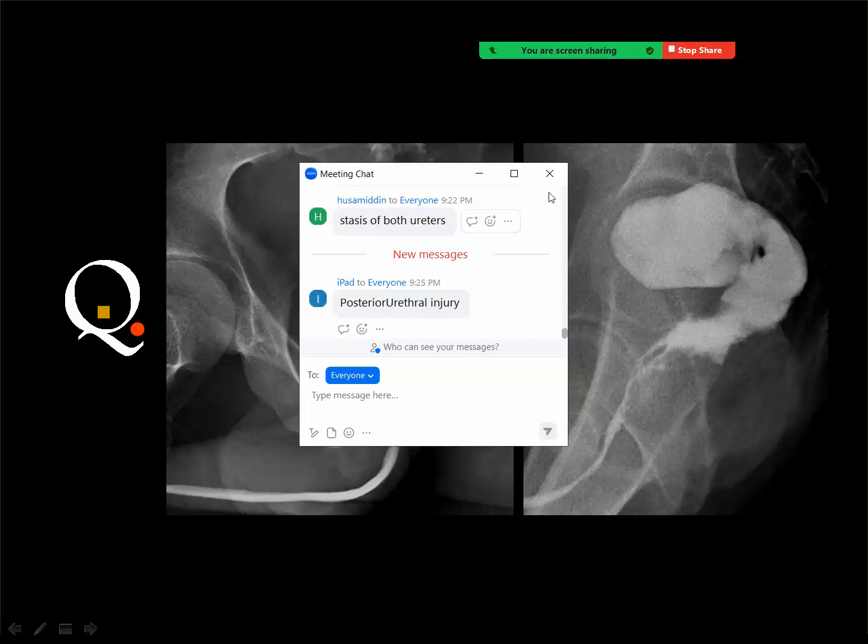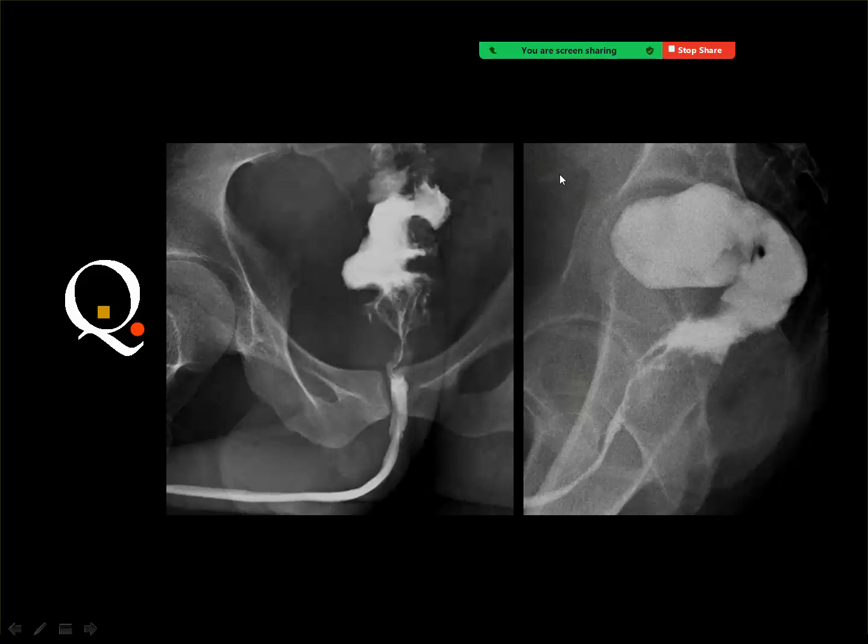Posterior urethral injury, and then if the urethra is injured, you got extravasation of contrast material at the site of injury.